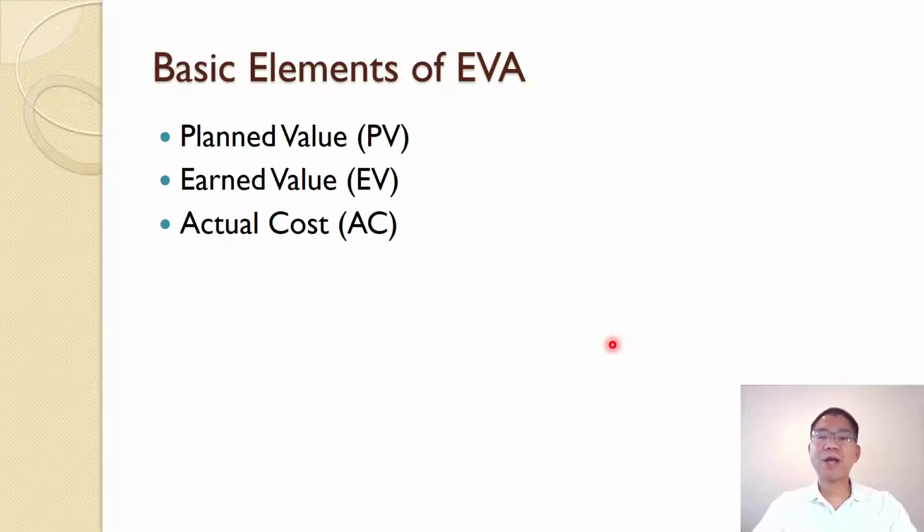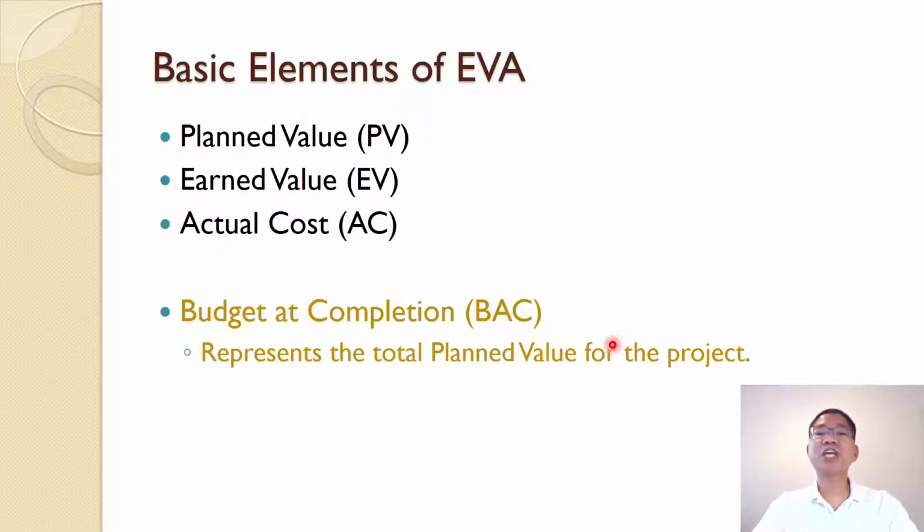And then with that, we have the budget at completion, BAC. It represents the total planned value, the PV, for the whole project. So that is the budget at completion. The total planned value, we consider that the BAC, budget at completion.